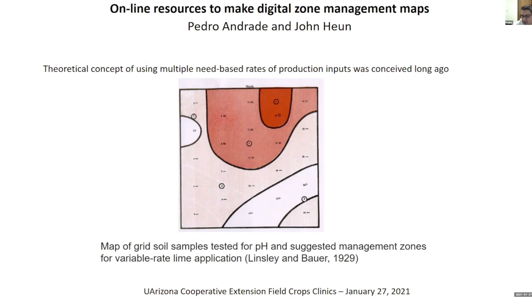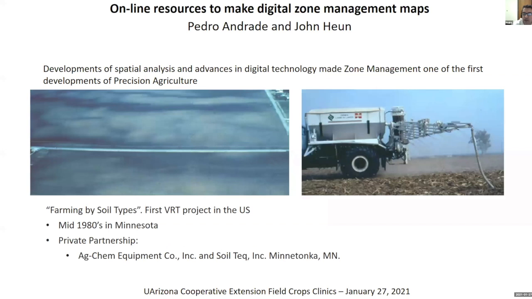So we start from that base. It's a logical step. Okay, so now getting a little closer, in the mid 80s is when we first saw the implementation in the field of variable rate technology. One of the first ones was zone management for fertility in the Midwest.